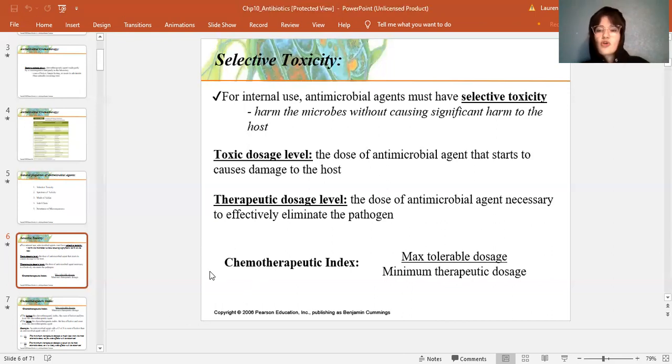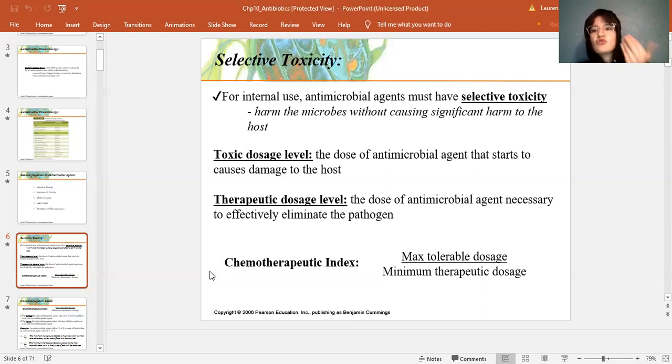Okay. So let's say for the first example that it is those 8 pounds of apple seeds that have enough cyanide to start hurting you, right? So our max tolerable dosage would be like 8 pounds, right?